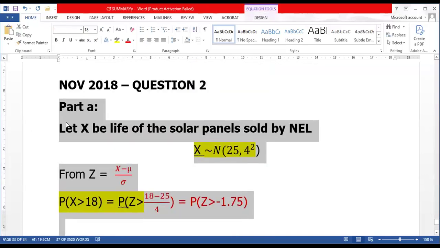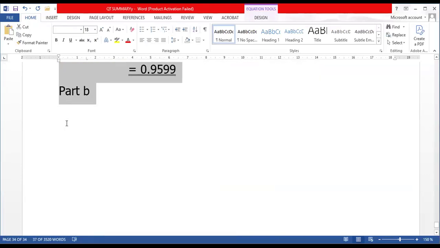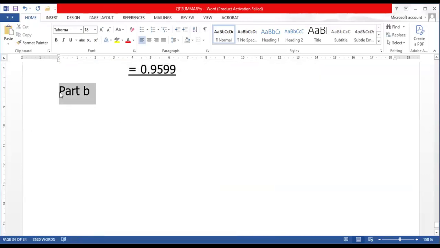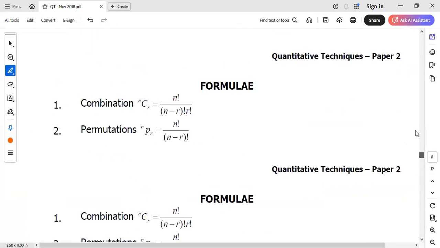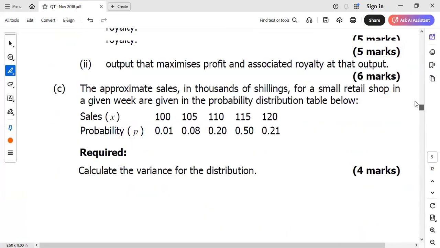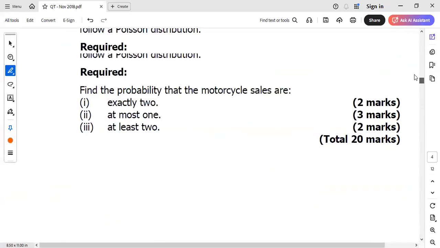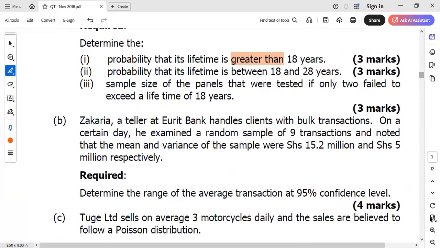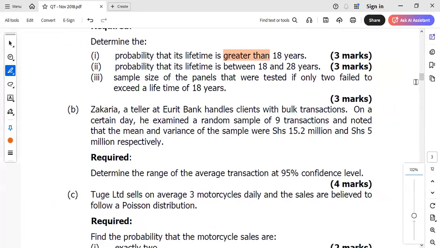For part B of this question, question 2, we are told to determine the probability that its life is between 18 and 28.